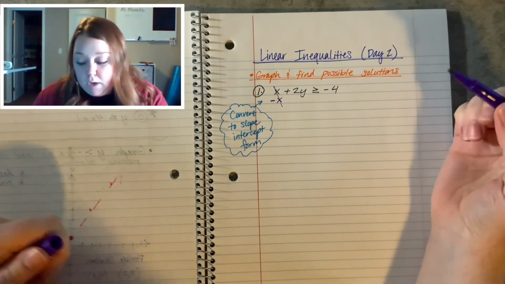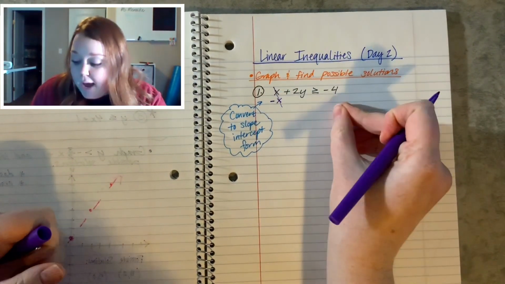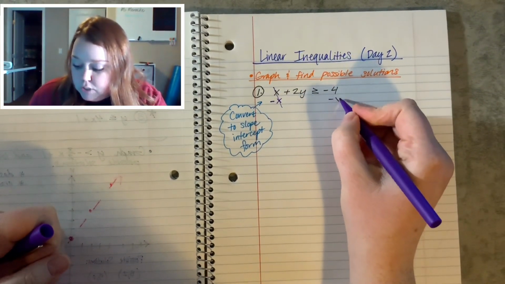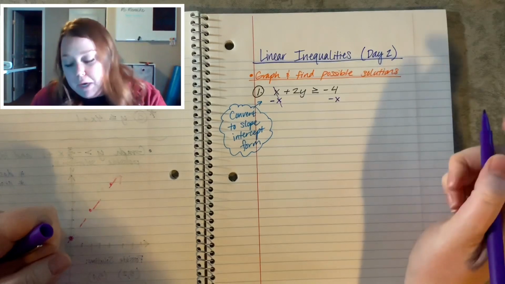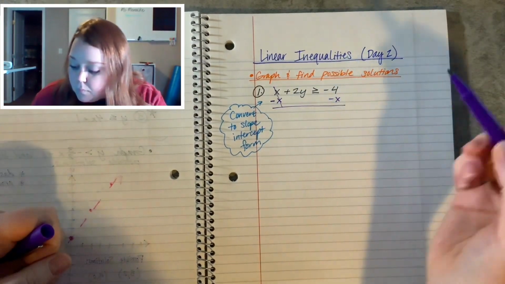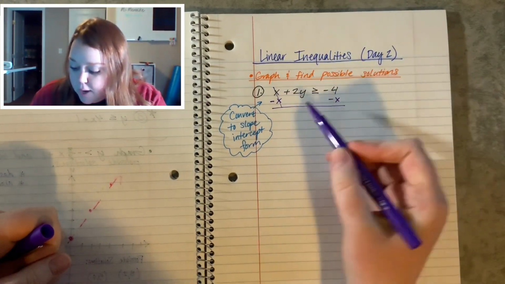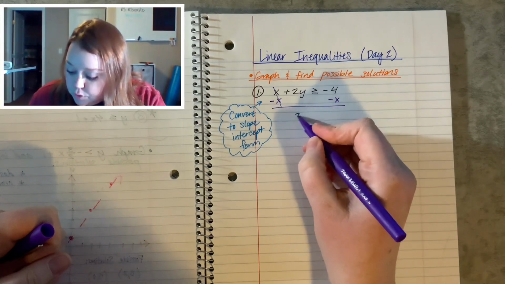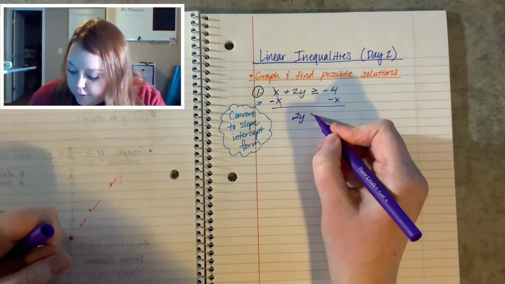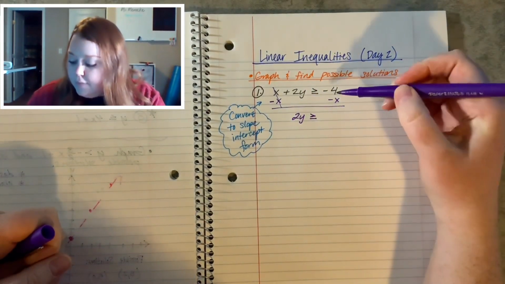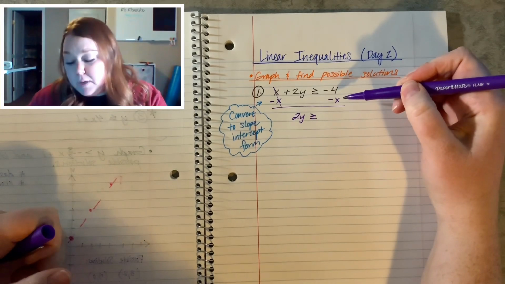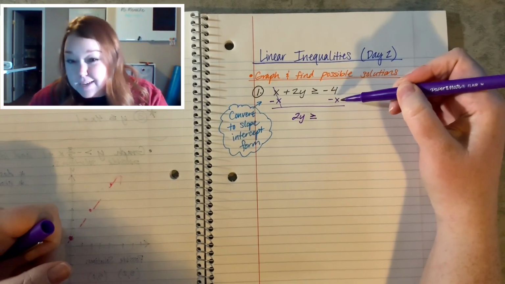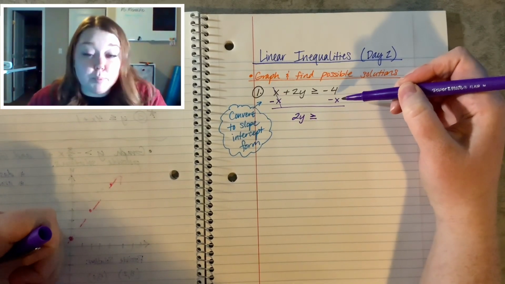But we have to remember, whatever you do to one side, you have to do to the other. So you do need to subtract x on the right-hand side as well. So my x's cancel out. I'm left with a positive 2y is greater than or equal to, and then right here, we have to be super smart about this. -4 minus x, you cannot put those together.